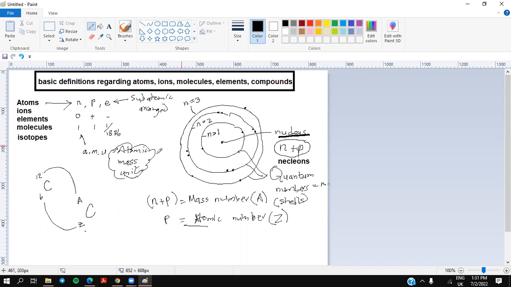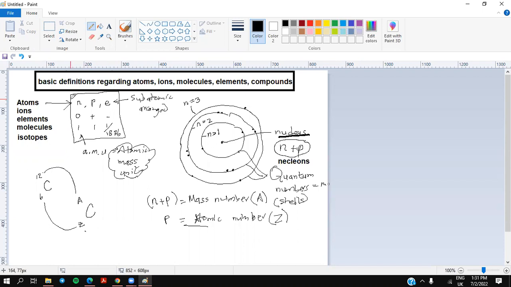All right, I explained to you the meaning of mass number and atomic number, and I discussed a little bit about the structure of an atom. In addition to this, on the left-hand side, I started the lesson by introducing the subatomic particles present in atoms.